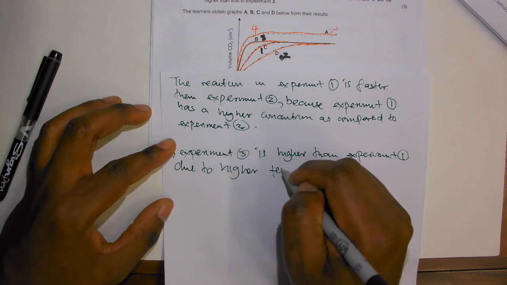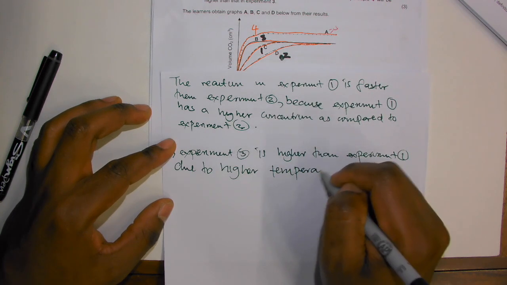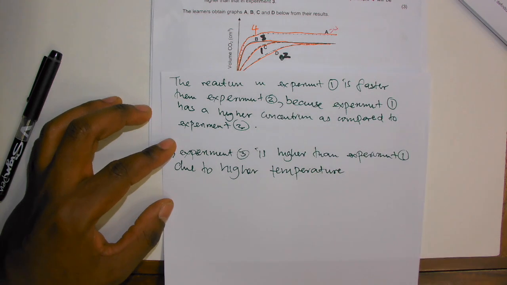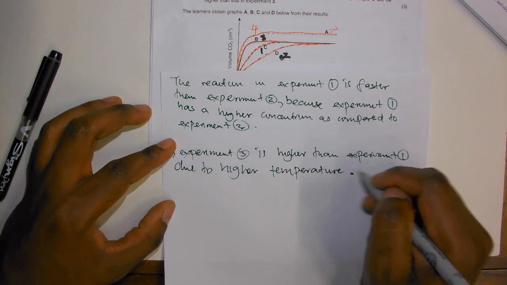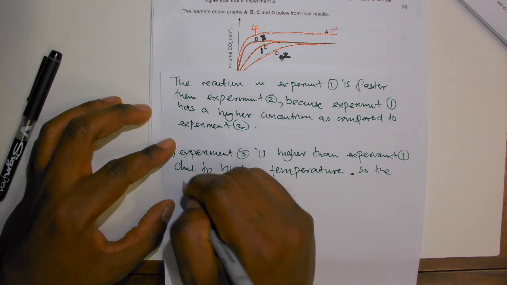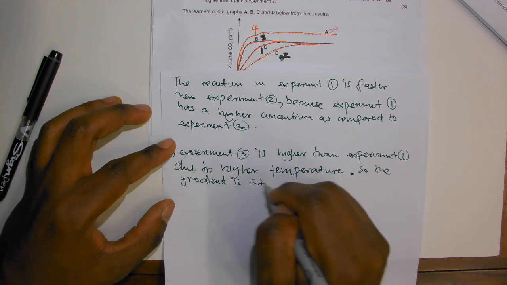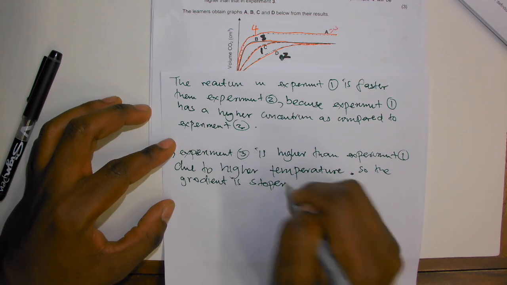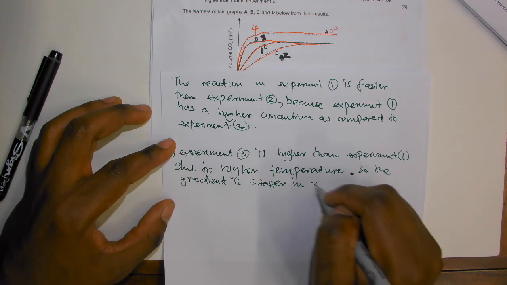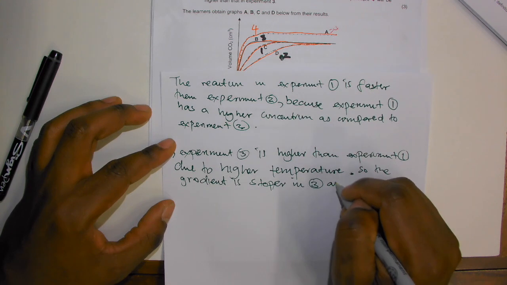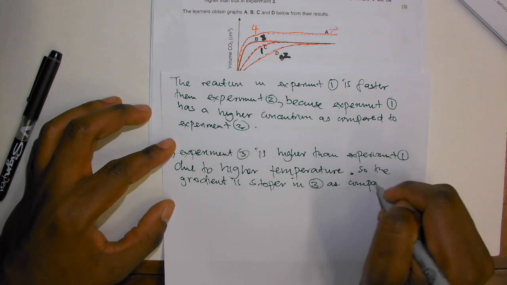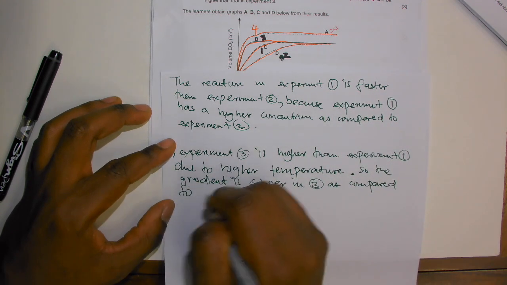Temperature. So the gradient is steeper in 3 as compared to 1.